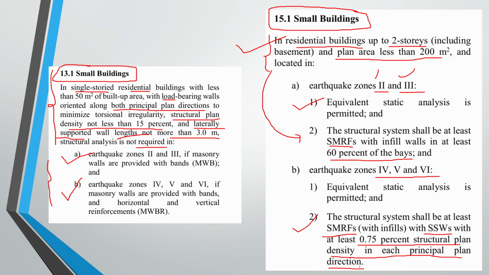So here structural plan density is a newly introduced term. That means the total cross sectional area of shear wall, if we are considering the shear wall, divided by the plan area of the building, into 100. So that gives the structural plan density.